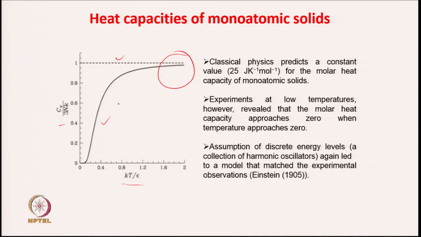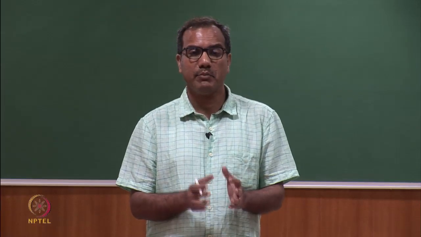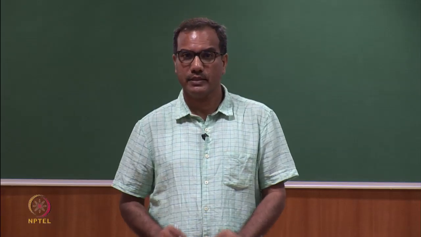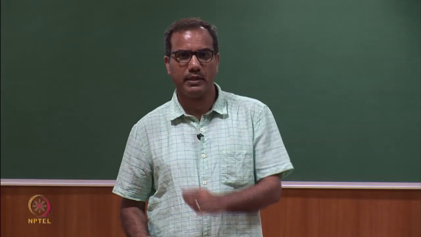In fact, the heat capacity of a monoatomic solid approaches 0 at low temperature. This experimental observation can again be explained based on Planck's theory. The assumption of discrete energy values again led to a model that matched the experimental observation.